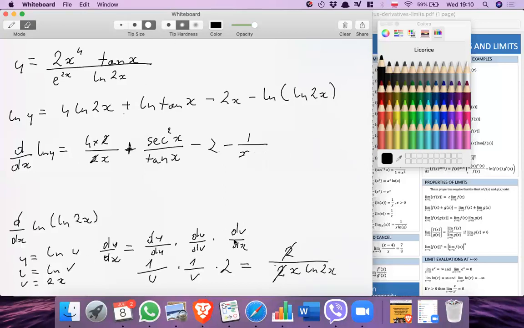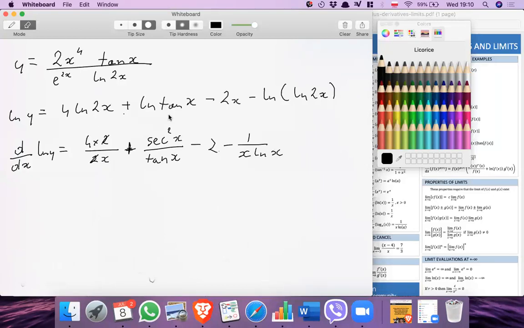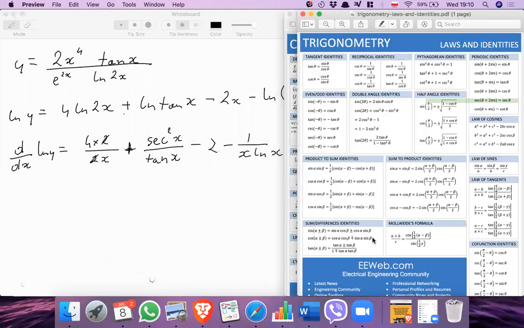And there is one simplification that we can actually do in this expression, because of secant squared x over tan x. If I look over my trigonometric identities, where is it? Secant is 1 over cos.